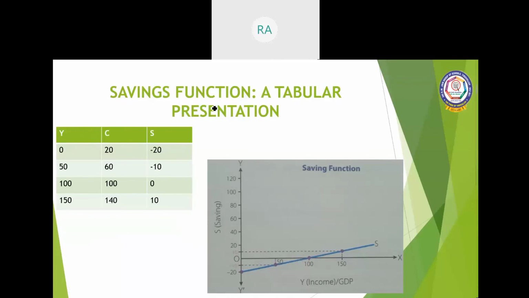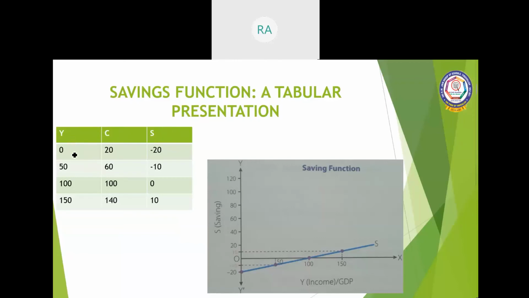Savings function, a tabular presentation. Y is the income, C is consumption expenditure, and S is savings. Income is used either for consumption or for savings. The remaining part after consumption is used as savings.